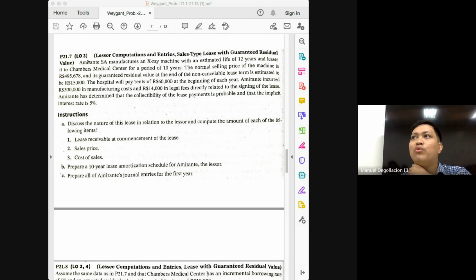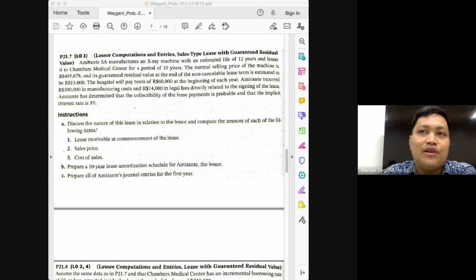Again, how do we earn interest? We earn interest through passage of time. So since no time has passed yet from the commencement to the payment, then everything will be applied to the principal. So the entire 60,000 will be deducted from 495,678.